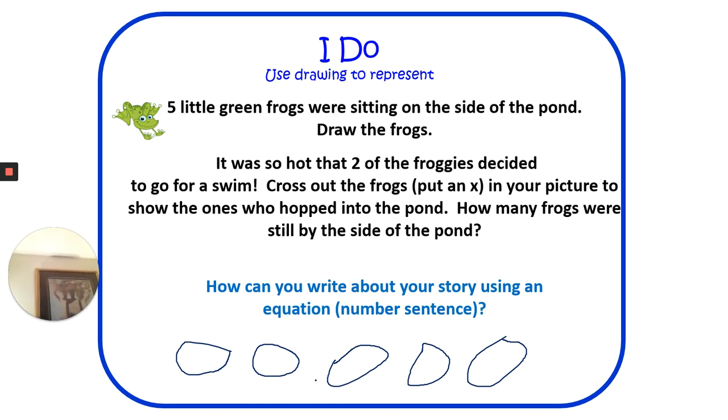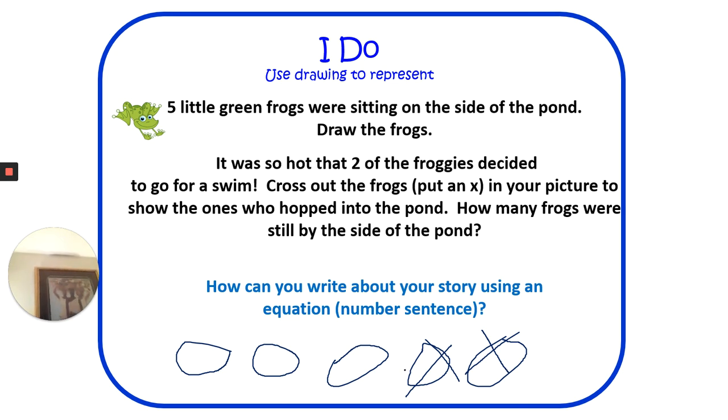It was so hot that 2 of the froggies decided to go for a swim. So I'm going to put an X on the 2 frogs that went for a swim. There I go. 1, 2. And now, how many frogs were still by the side of the pond?